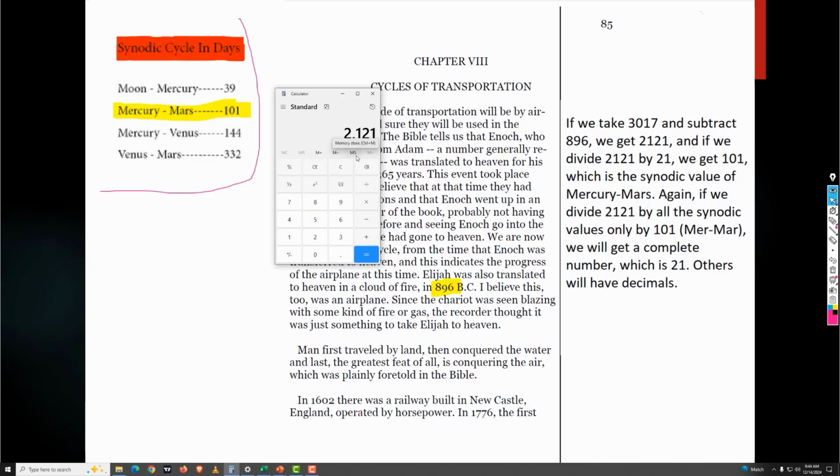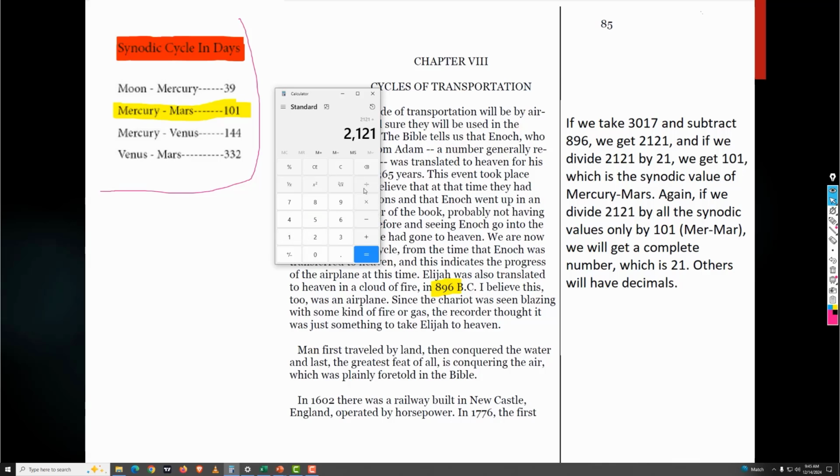Now, if we try to divide 2121 by all the synodic values, let's see what happens. 2121 divided by 39, we get decimals here. 2121 divided by 1, yes, it's a complete number. 31. Again, 2121 divided by 144, we get decimals here.